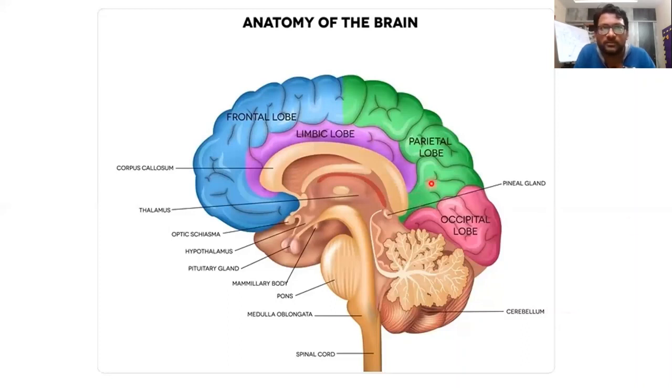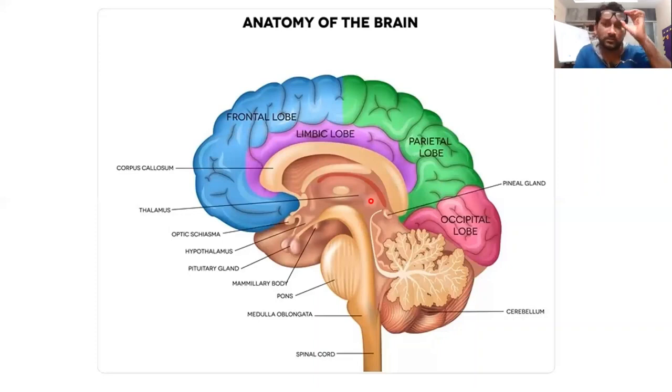Coming to the midbrain. The midbrain lies anterior to the pons, this is the pons, this is the midbrain. It is present in between the forebrain, the frontal lobes, and the hindbrain, the tail part, medulla oblongata and spinal cord. So it is present in the middle. Midbrain functions: it integrates sensory processes and is involved in eye movement.